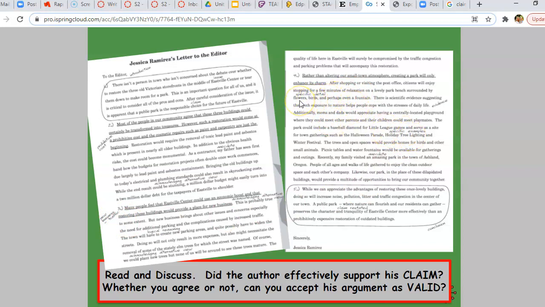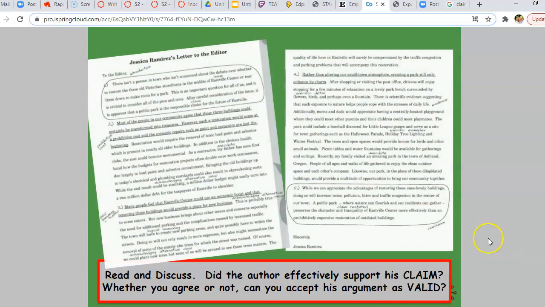It would create a lovely park bench where people could go and enjoy. It would create a centrally located playground where they could meet other parents, town gatherings. So she has some different anecdotal evidence, but each of them has valid argumentation for why we should include a park.